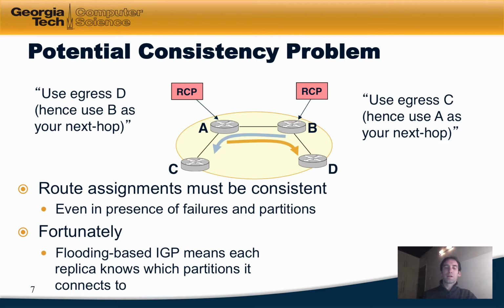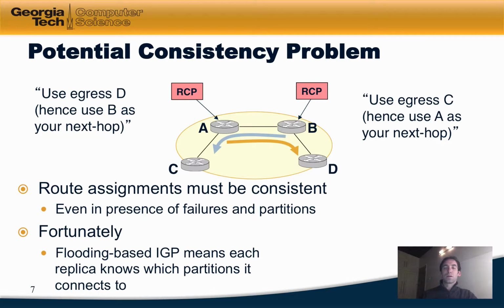Now fortunately, a flooding-based internal gateway protocol, such as OSPF or ISIS, as we've learned in our networking course, essentially means that each one of these replicas already knows which partitions it's connected to. Because if the RCP is participating in the intra-domain routing protocol, or the IGP, then it sees the full link state of that partition.